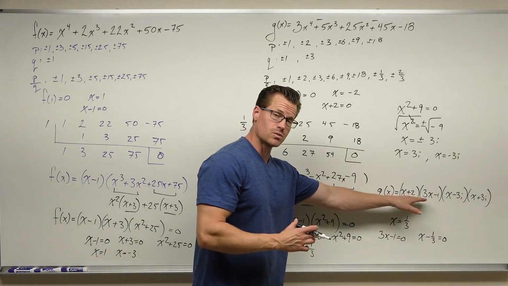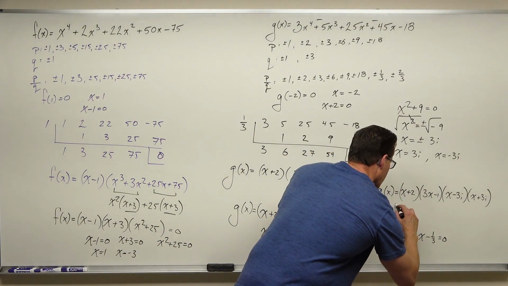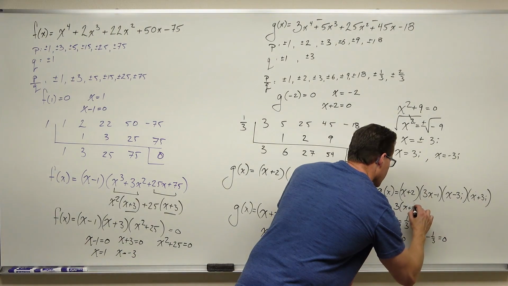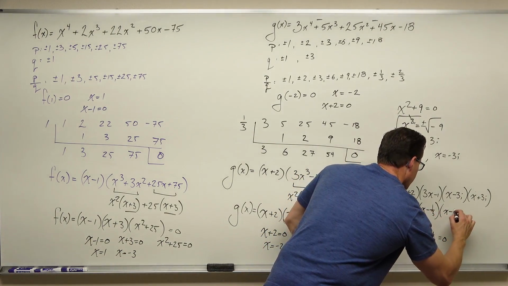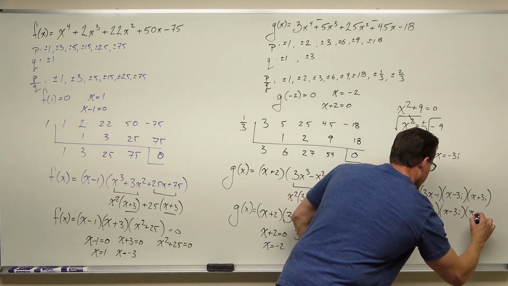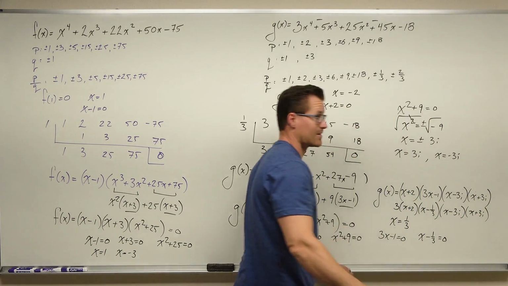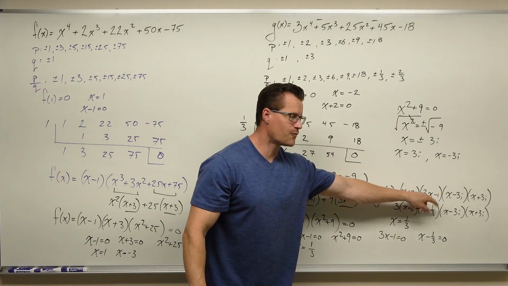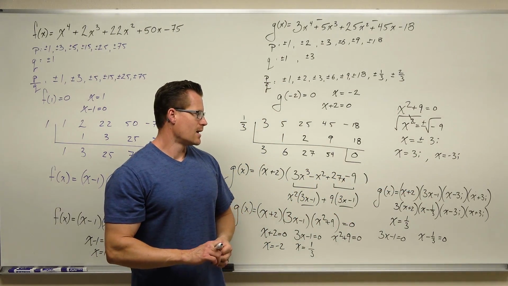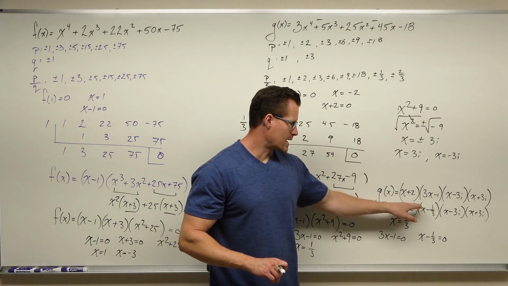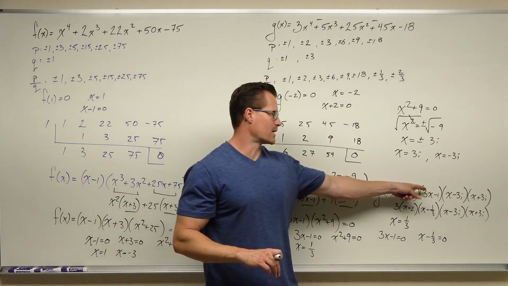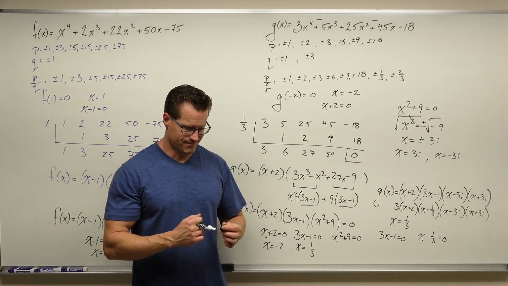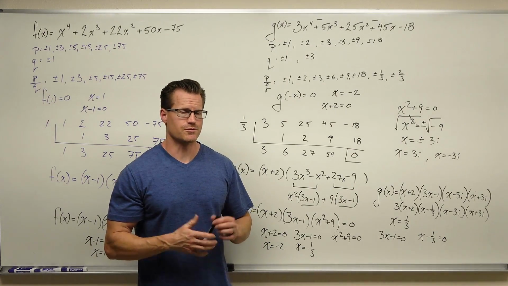So you'd see it this way, or like that, where you have a 3 that's been forcefully factored out of that. If you distribute, you'd get 3x minus 1. Which way is preferable? Probably that one because there's a fraction in it, but it doesn't really matter in terms of what we deal with.